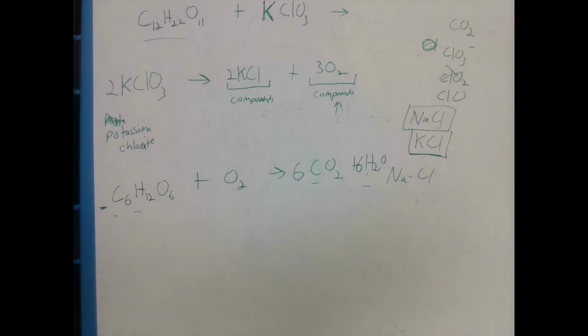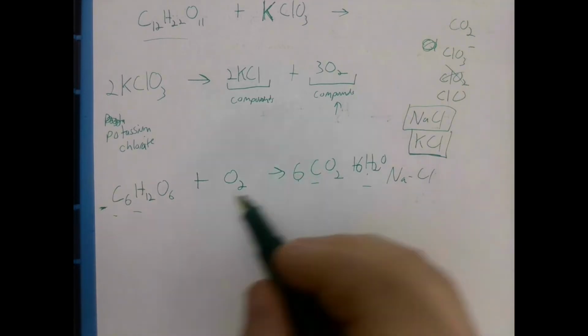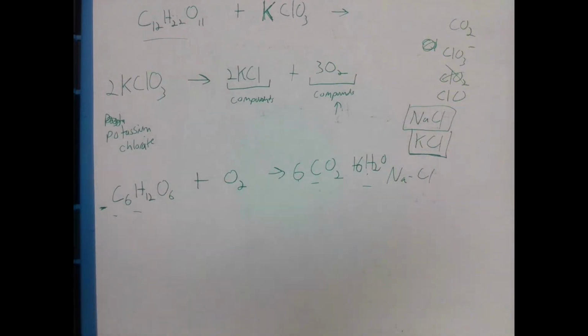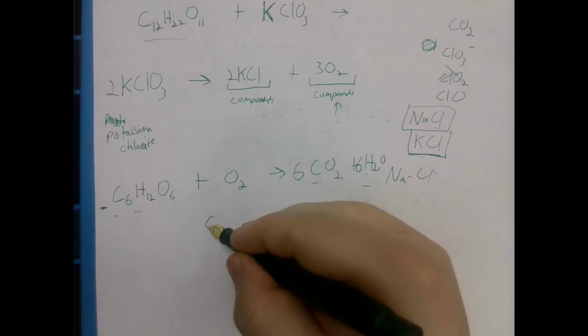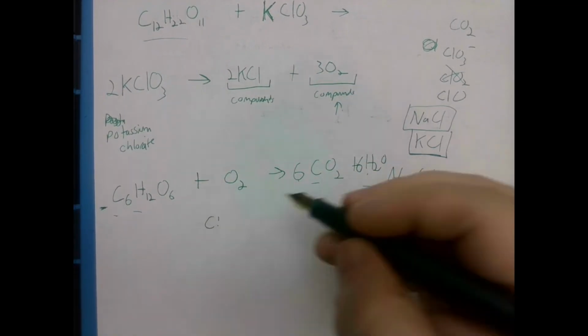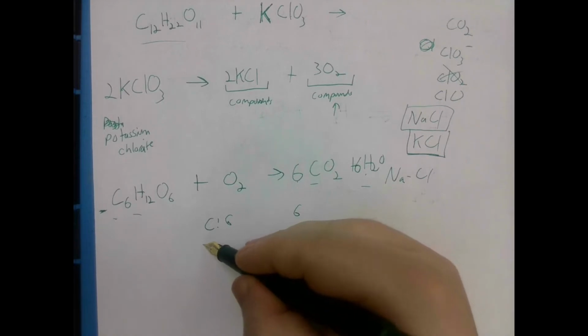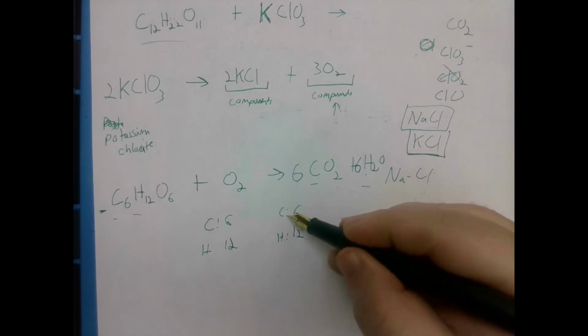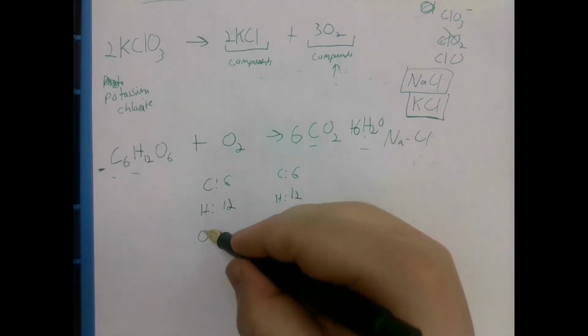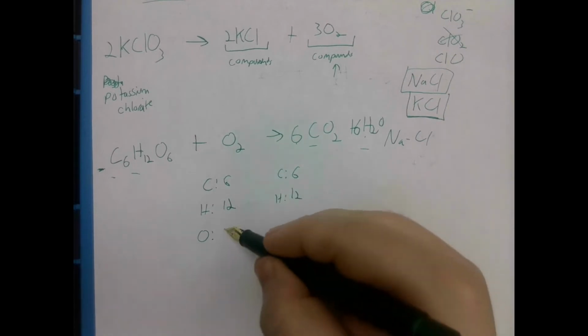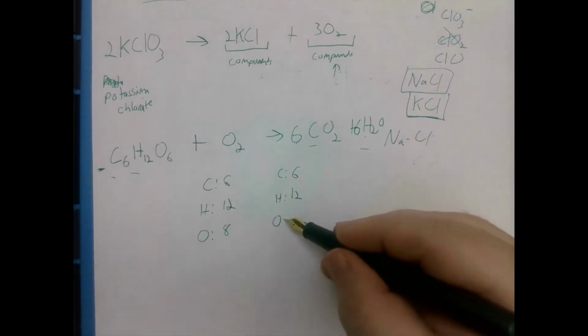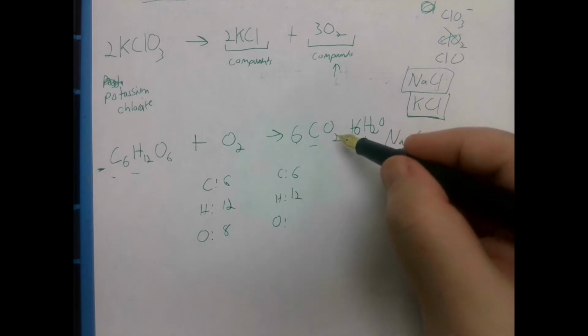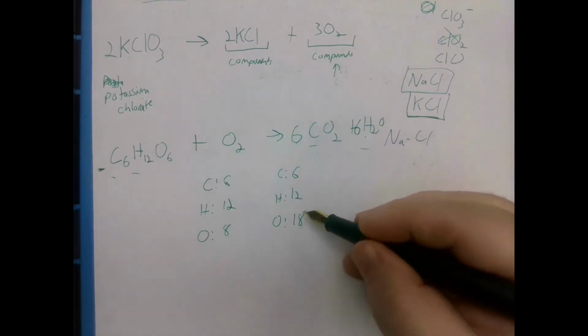Let's see if we can now somewhat balance this. So I have 6 carbon, I have 12 hydrogen. How many oxygen do I have? So carbon is 6 and 6. Hydrogen is 12 and 12. And oxygen on the left is how many currently? 8, 6 plus 2. And on the right, it is 6 times 2, that's 12, plus 6, which is 18.